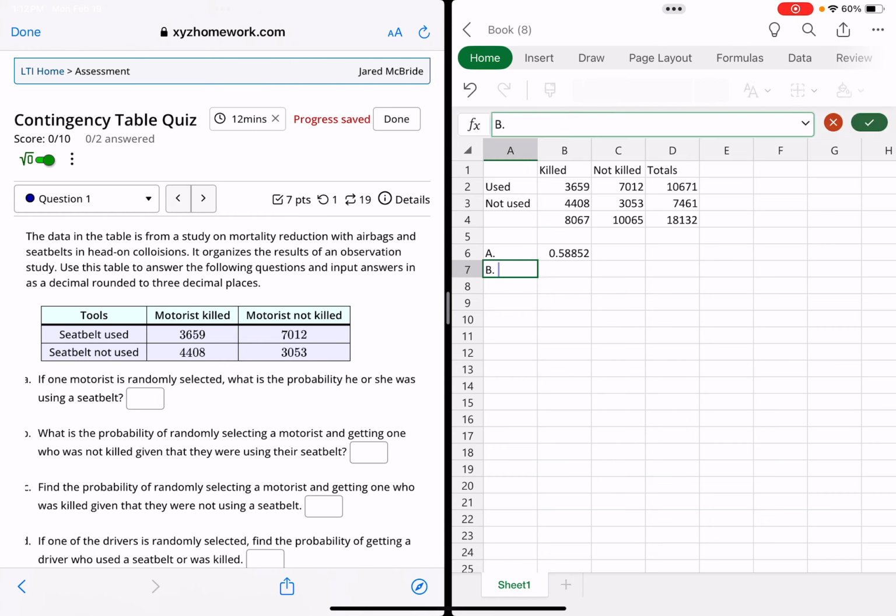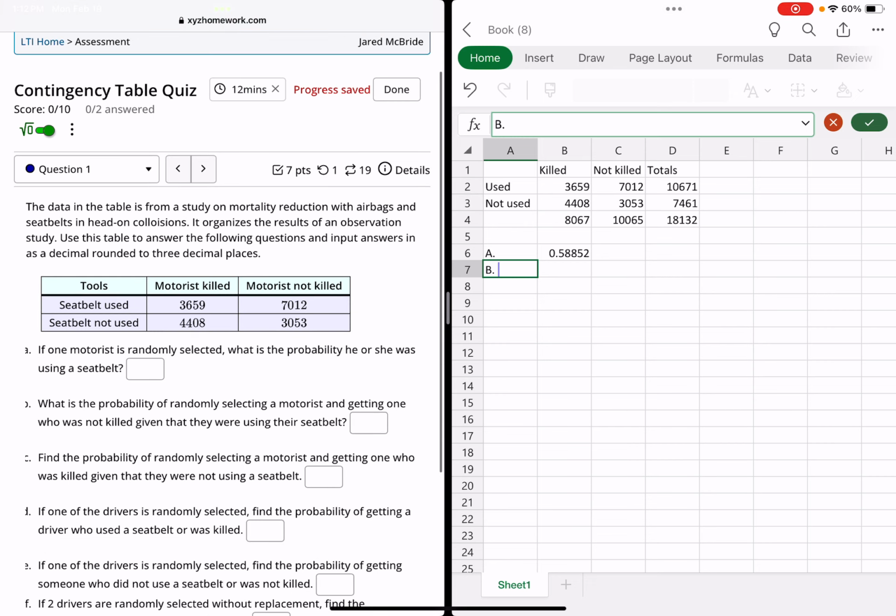B. What is the probability of selecting a motorist and getting one who was not killed, given that they were not using a seatbelt?